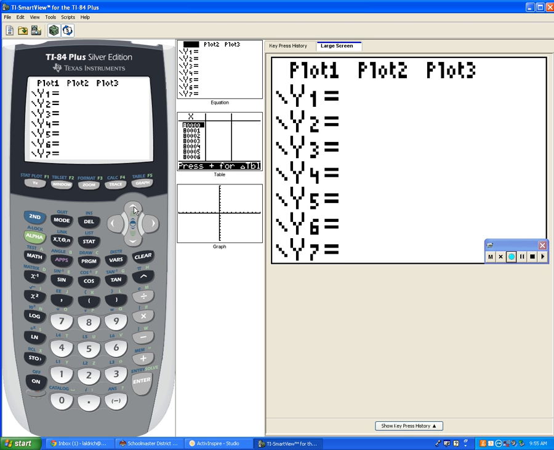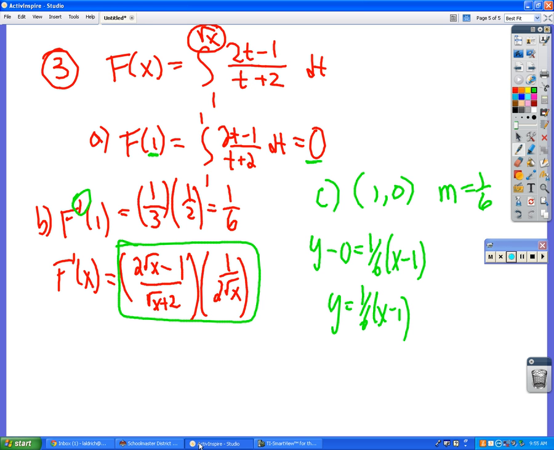Maybe it would be better to distribute it first. 1 times this is just going to be 2 root x minus 1. And if I multiply both of these by 2 root x, that's going to give me 2x plus 4 root x. So you have to go parentheses there, parentheses there.